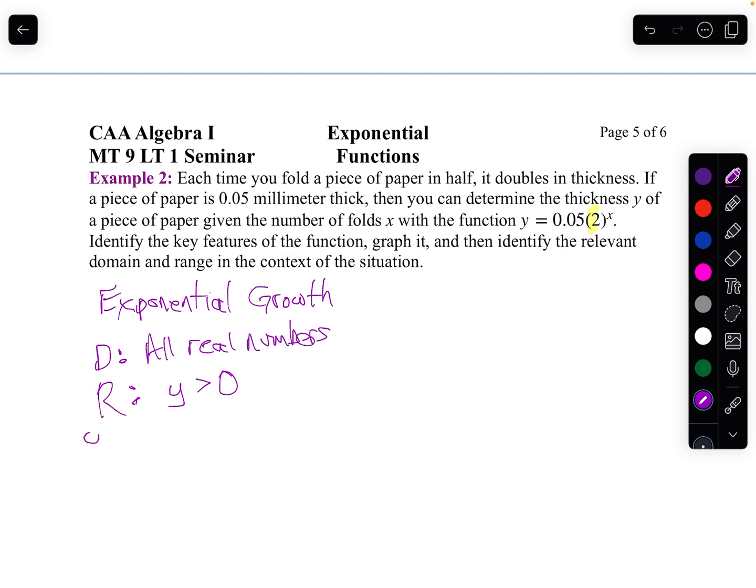My y-intercept is going to be when x is 0. So what's 0.05 times 2 to the 0 power? Well, we know anything to the 0 power is 1. So I'm going to get 0.05 for my y-intercept.